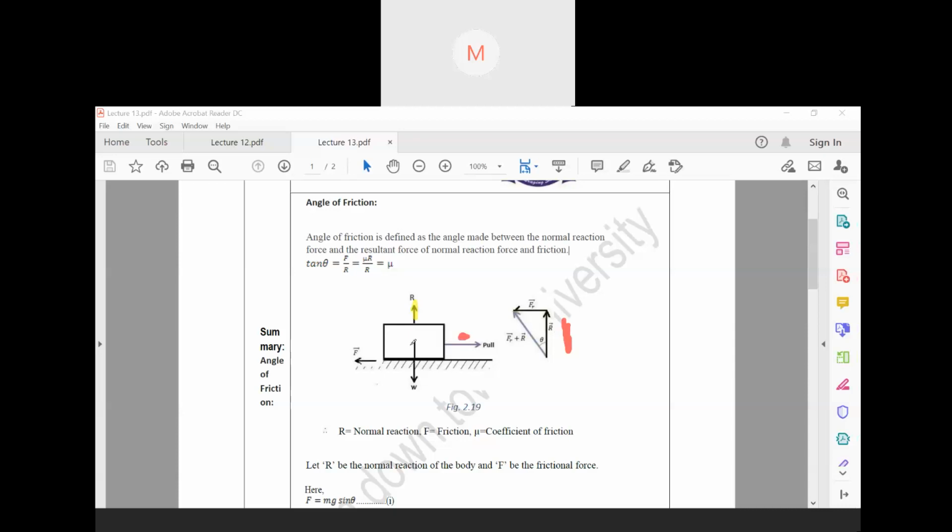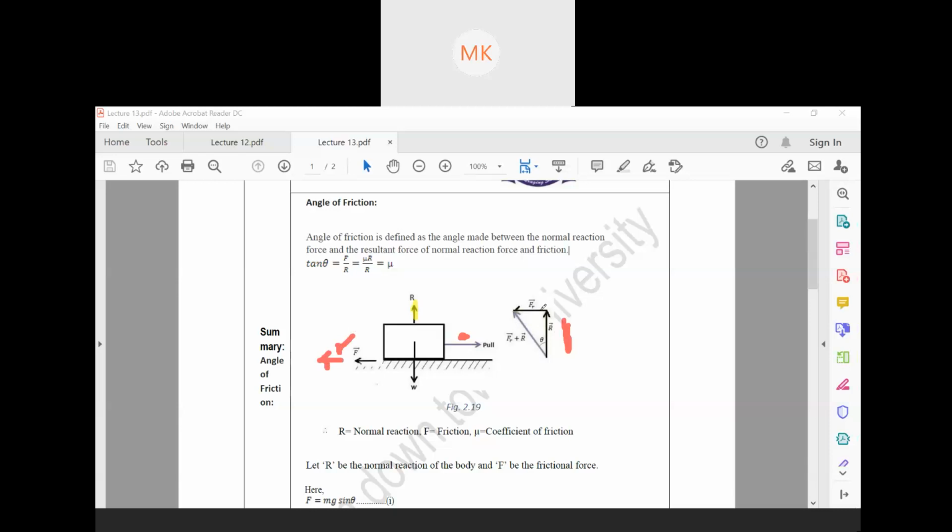And W is the weight, W equal to mg, the weight of the body. So if you apply a pull from one side, then on the other side there will be what? The frictional force. Very good.